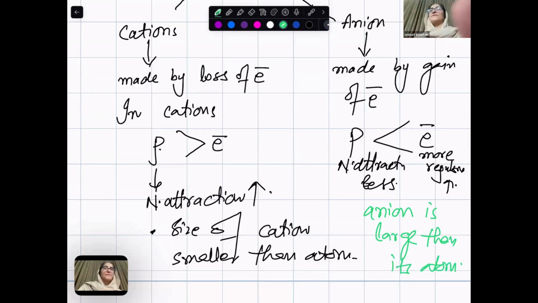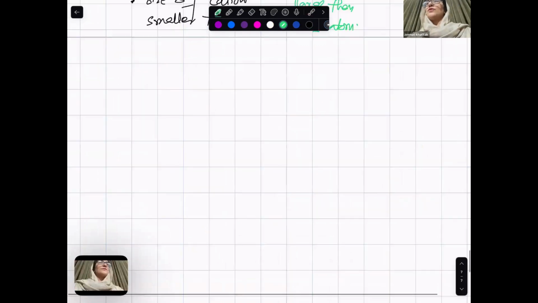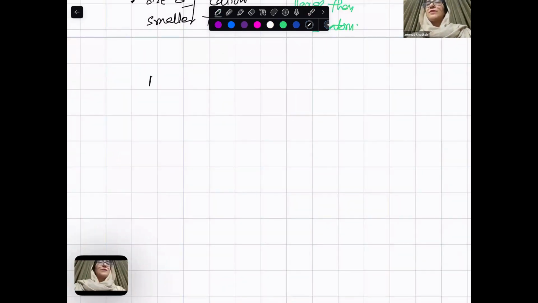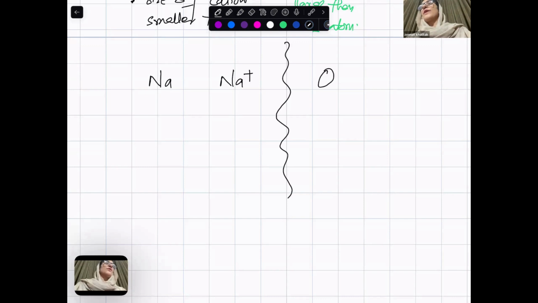See? Suppose this is Na and Na plus, and this is O and O minus. How can we compare? This is 11 protons, 11 electrons, 2, 8, 1.